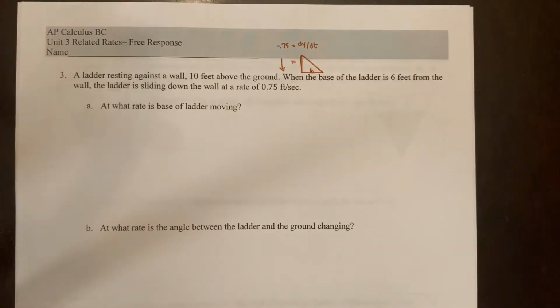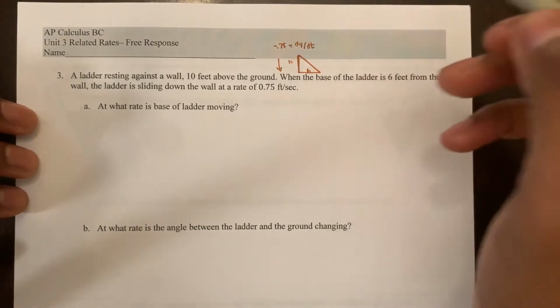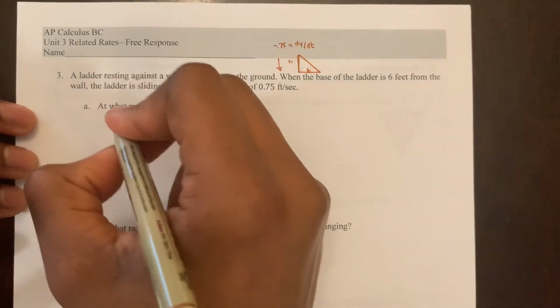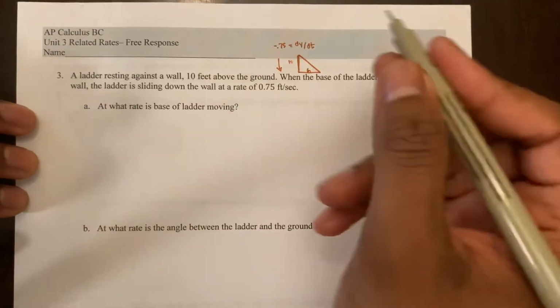And for part A, we want to know the rate at which the base of the ladder is moving. So we need the Pythagorean theorem. Well, I guess we can make this a constant. Doesn't really matter.